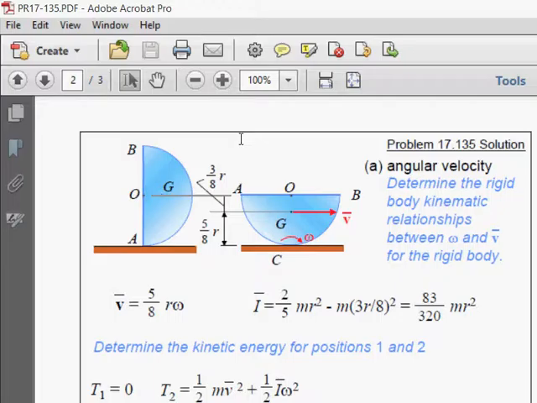Kinetic energy 1 is 0. Position 2 at 90 degrees is still rolling, right? So that's why you have these equations: 1/2 m v squared plus 1/2 I omega squared. Okay, that's the complete energy.